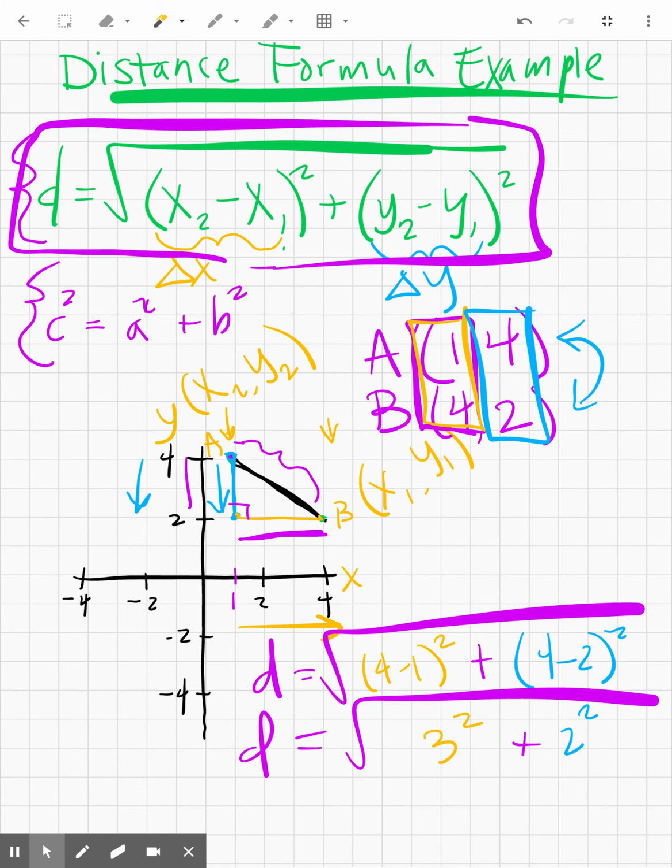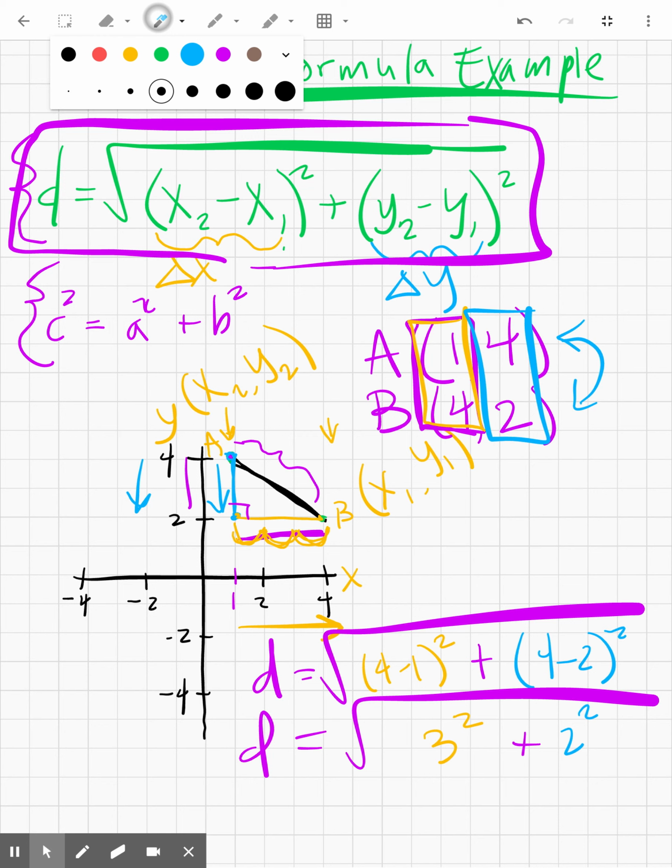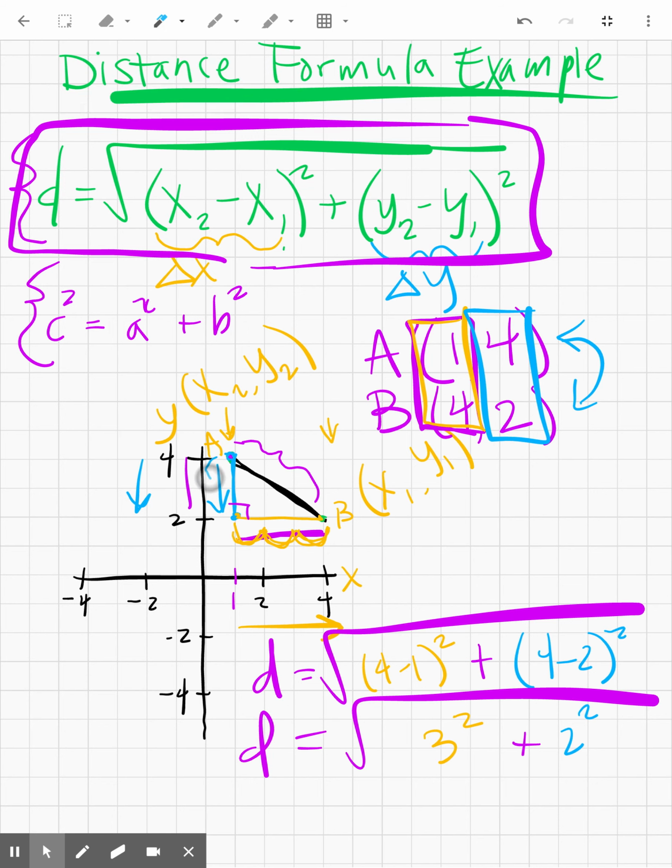You can also see that by actually just counting on our graph. If you notice the change in x, we're going from 1, there's 1 unit, 2 units, and 3 units. So in some cases, you could just count your units to find your change in x and change in y. There we have 3 units, and then your change in y, we can count it there as well. That change would be 2.